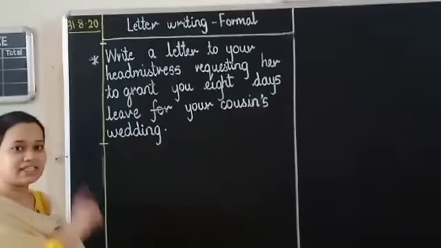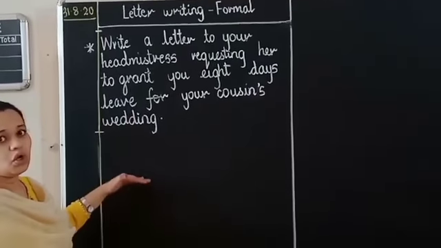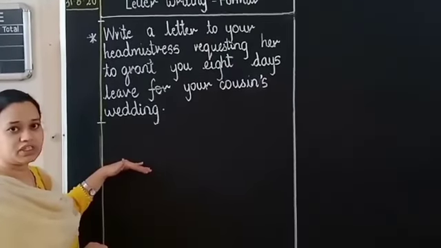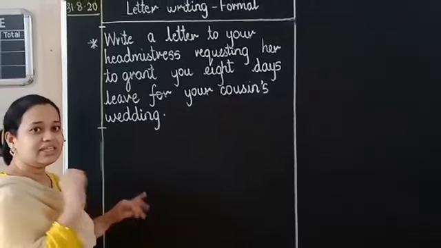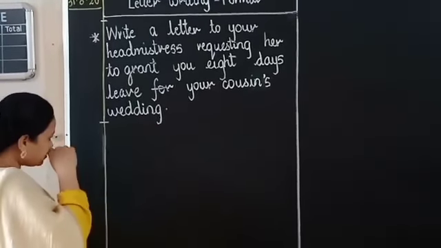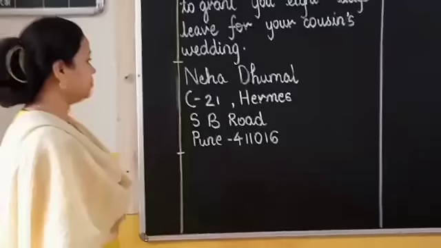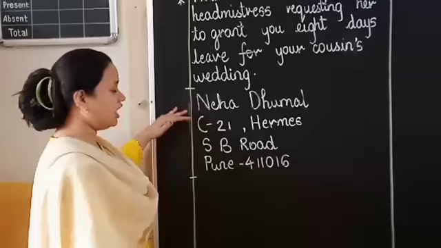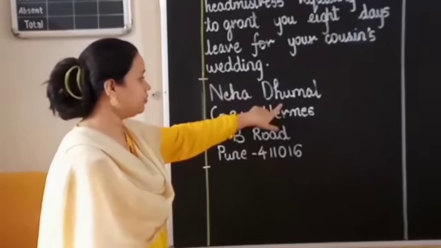As we have seen in the explanation video, we have to start our letter with the address. The address that we are going to write first is our address, the sender's address. So let's assume the name as Neha. So Neha is writing the letter to her principal, Neha Dumar.